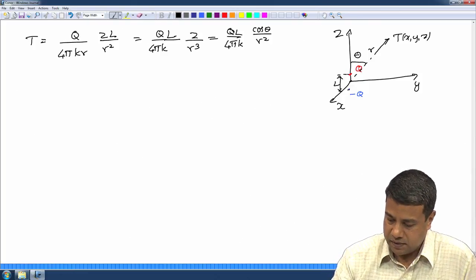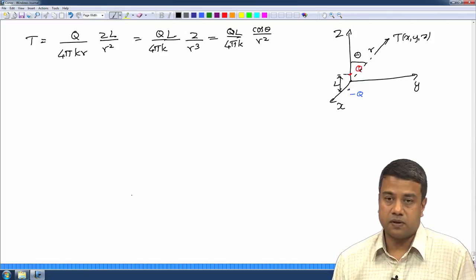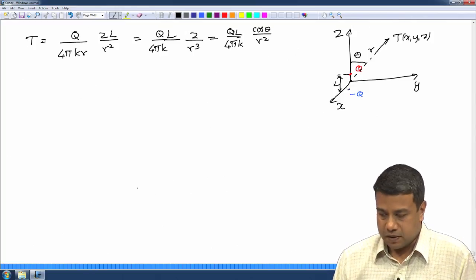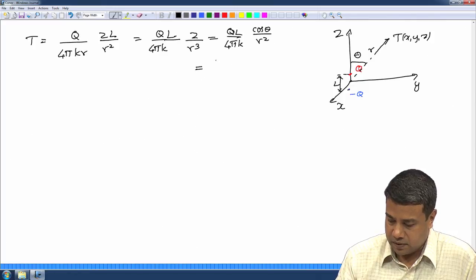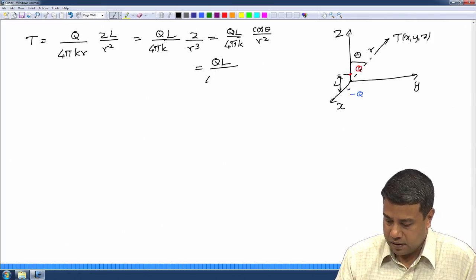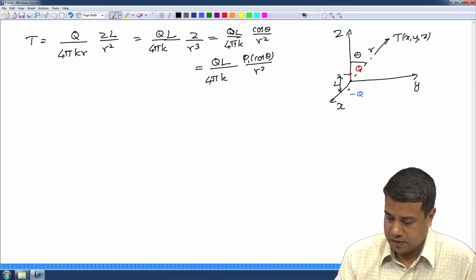And since when we do the expansion in the Legendre polynomial series, we know that this is also equal to q L by 4 pi k into P1 of cos theta by r square.